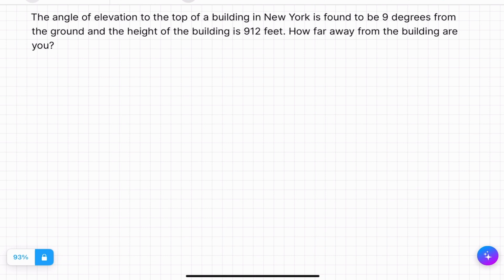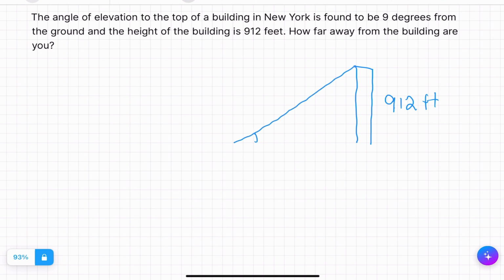Okay, let's draw a picture of what's going on. We have a building, and we know that the height of that building is 912 feet. We know that our angle of elevation is 9 degrees. But we need to figure out how far away we are. So let's do that.